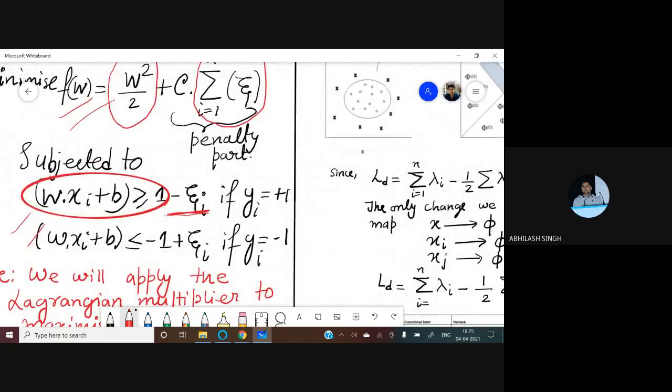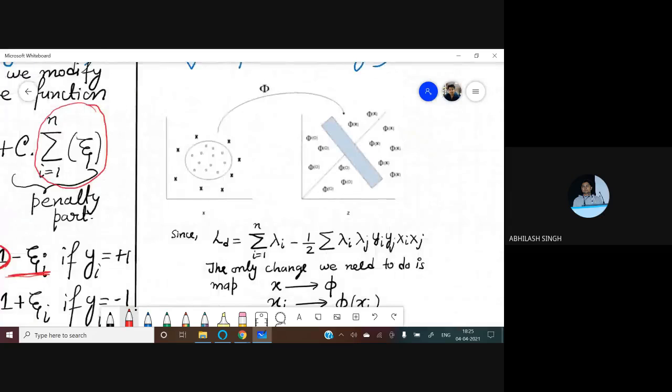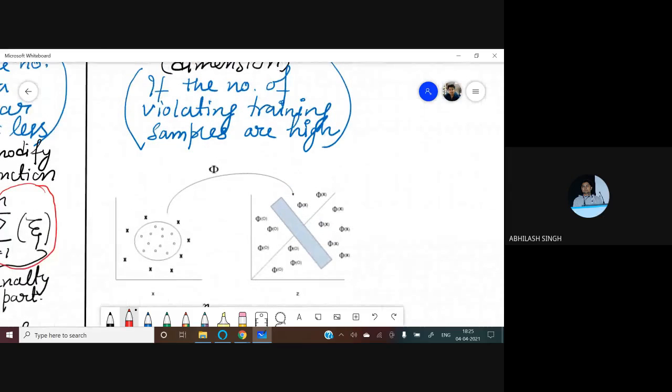So for the real scenario, what we usually do is transform the data from one spatial domain to another spatial domain using a transformation function.